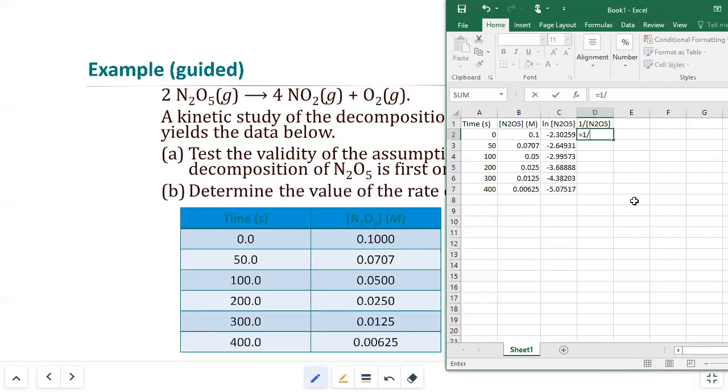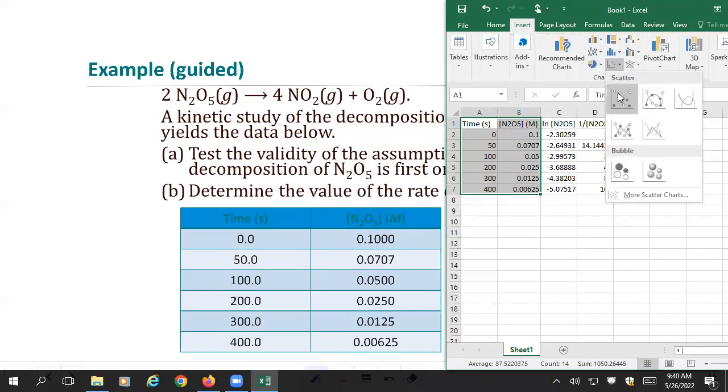Equals 1 over the concentration, and repeat for everything else. So now I have all of the data that I need. Now it's just a matter of graphing.